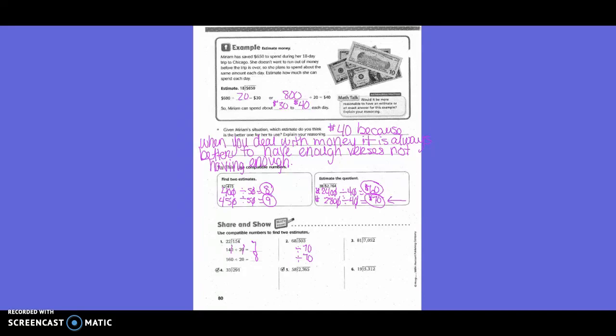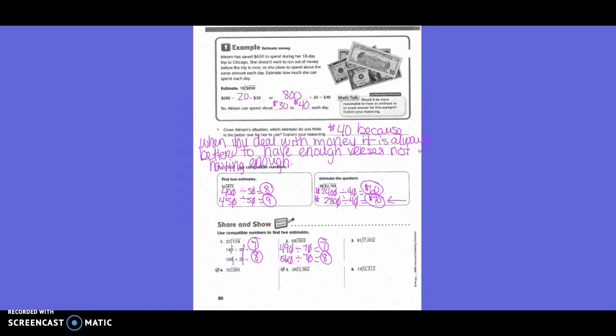So 490. And then another multiple that's a little bit over, so that would be the next multiple. So what comes after 49? 56, so 560. So get rid of a 0, get rid of a 0. 49 divided by 7 is 7. 56 divided by 7 is 8. So once again, our answer is 7 or 8.